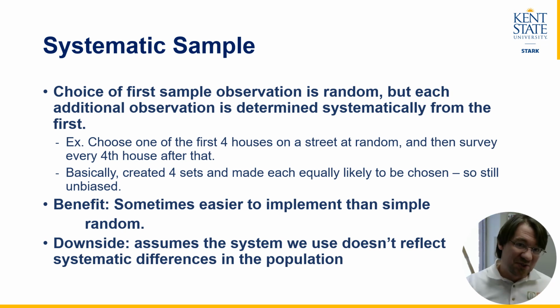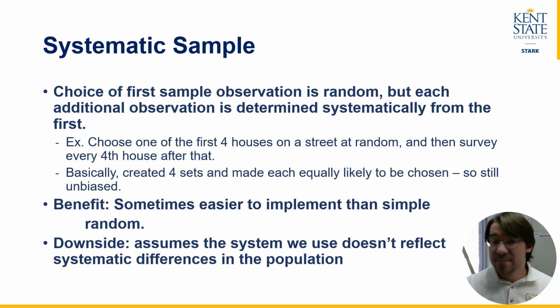Now, since each group is equally likely to be chosen, that means that each house is also equally likely to be chosen. Now, the benefit to this is that it's often easier to implement than a simple random sample, just because you don't have to randomize as often. Now, a possible downside, though, is that it assumes that the system we use won't overlap with some kind of systematic difference in the population.